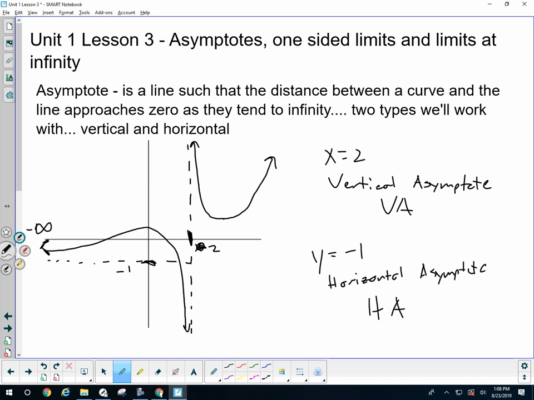And it's not really about if you have a horizontal asymptote or not. The questions will more be, what is the behavior of your function to the left or to the right? And what is the behavior of the function to the left and to the right of a vertical asymptote? So end behavior and behavior around a vertical asymptote is really what this lesson is talking about.